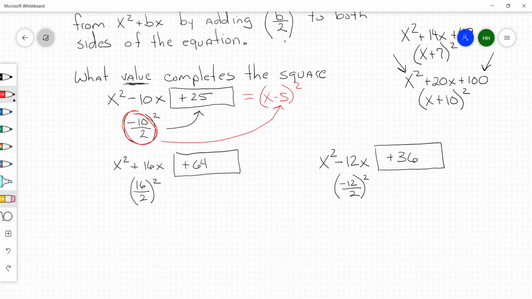They're what you square to get the third number, and they're what you use as a factor. This factors as x plus 8 squared, because 16 divided by 2 is 8, and the square root of 64 is 8. This factors as x minus 6 squared. Negative 12 divided by 2 is negative 6, and the square root of 36 is 6. But in this case, you needed a negative here in the middle.